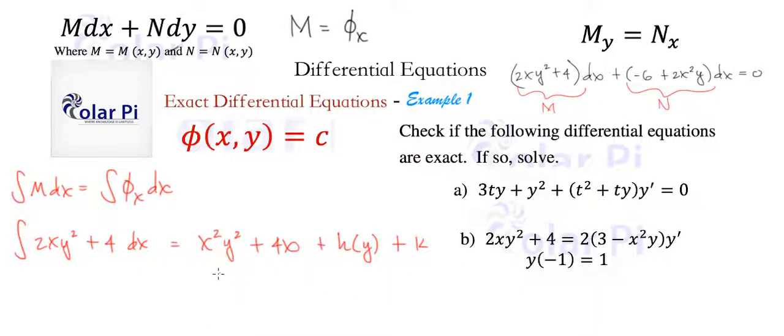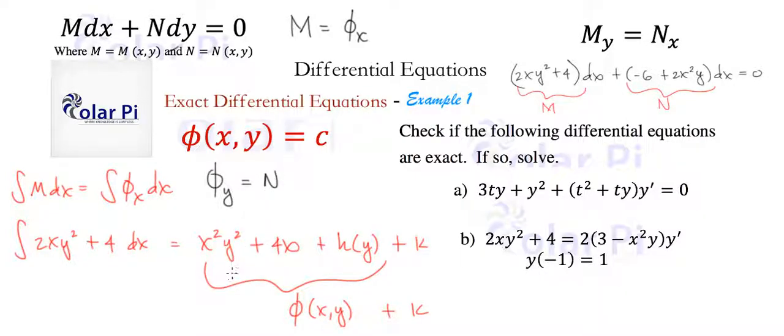And otherwise, now that this here is phi, that's phi of x comma y, and we have phi plus k, of course, this constant k here, which, as I said, is some number. Since we know that this is phi here, we should be able to say that the partial of phi with respect to y is equal to n, right?